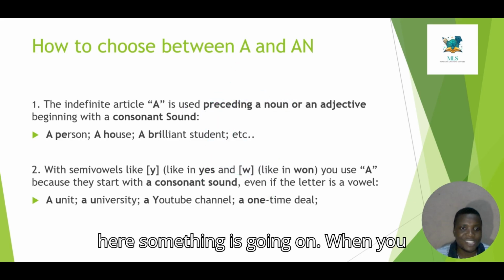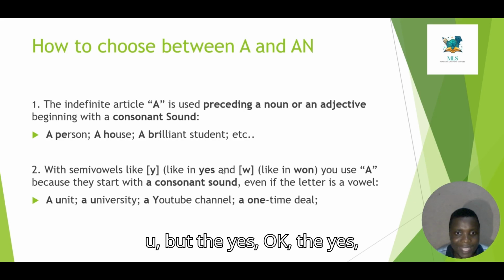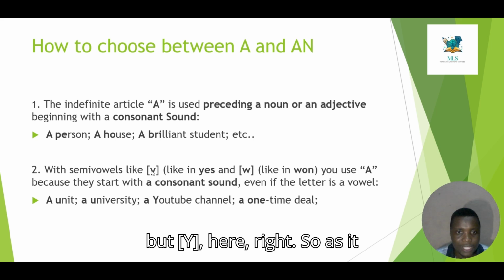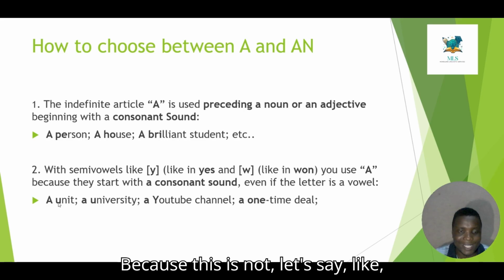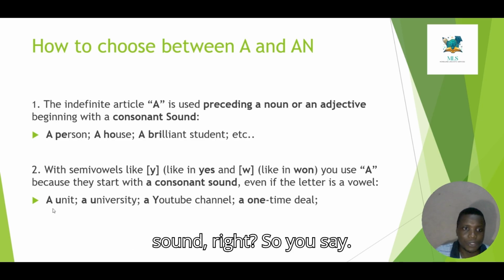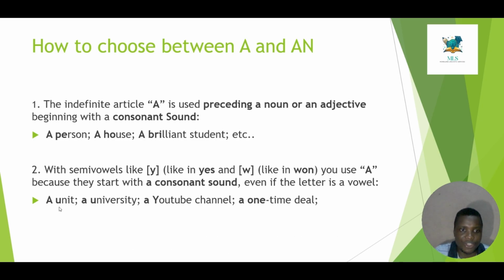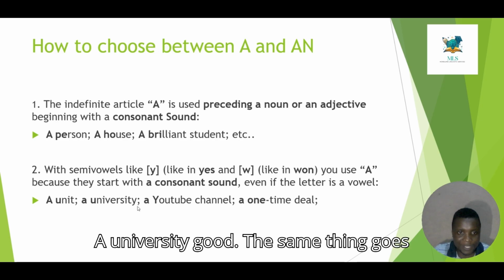When you pronounce "unit", it's not like the U, but the "ye" sound, right? So it's like a consonant sound, and you have to say A. So you say "a unit", yes, "a university", good.